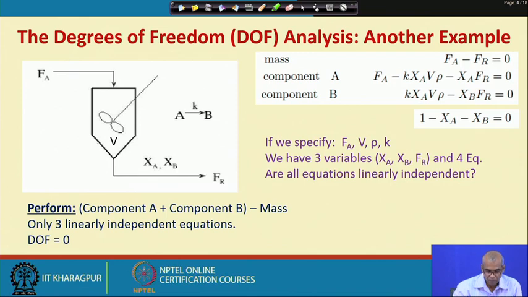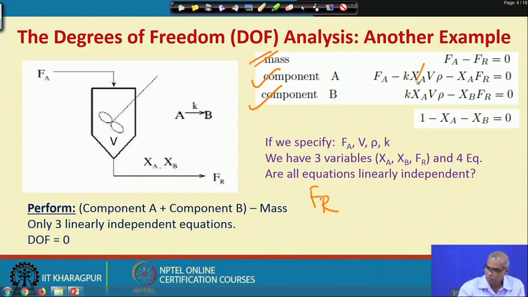If you perform component A plus component B, add these two equations and then subtract that sum from this FA minus FR equation, what we will get is FR minus XA FR minus XB FR equals 0, because this and this will get cancelled, this and this will get cancelled.